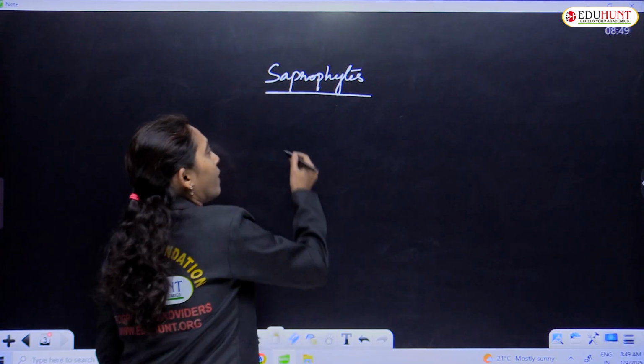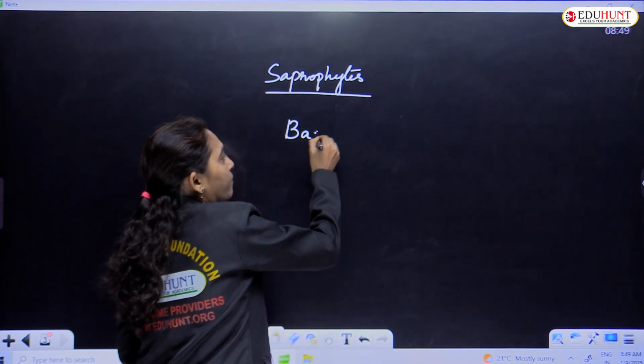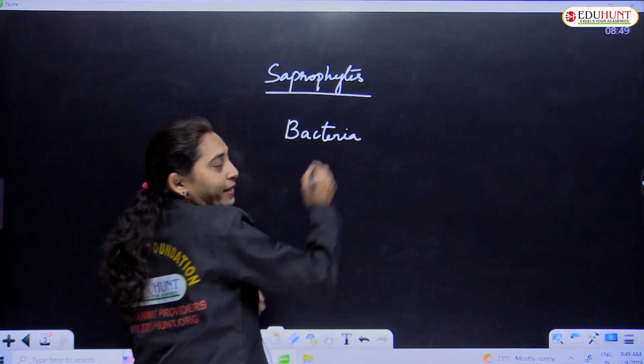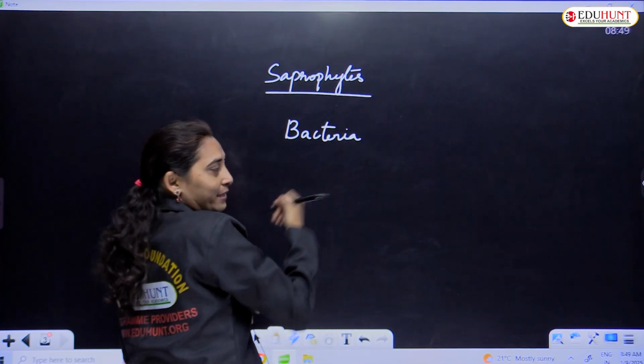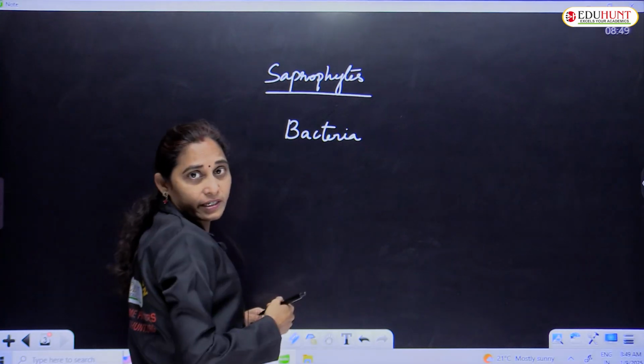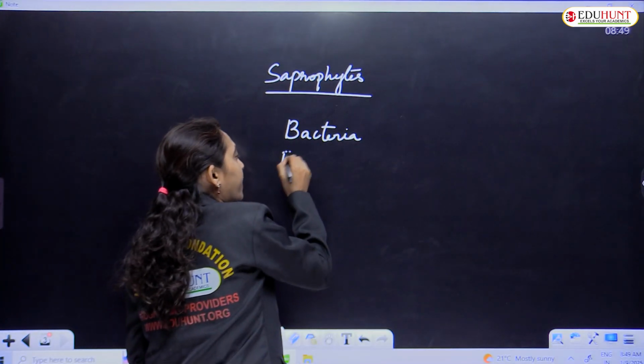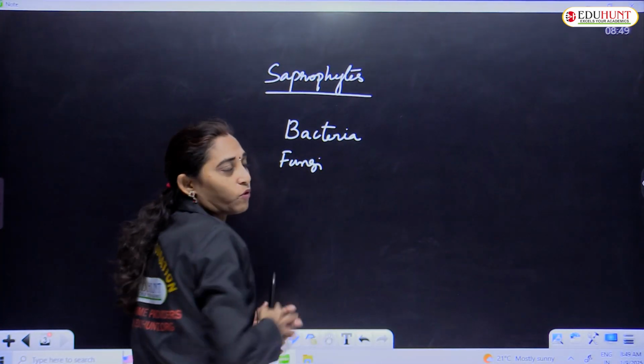Mostly the microorganisms that are saprophytic in nature belong to bacteria, and second is fungi. Even fungi are saprophytic in nature.